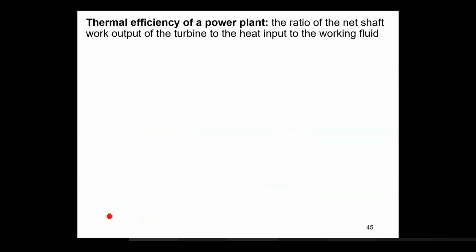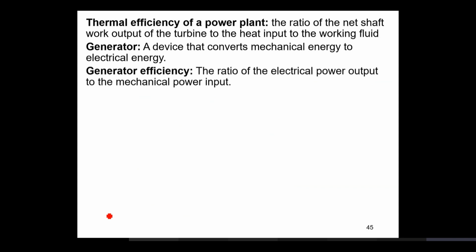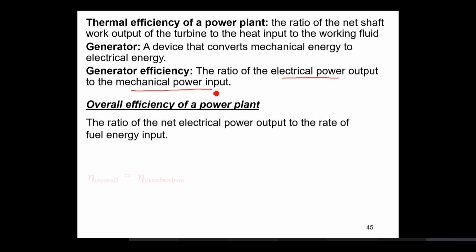Yes, sir. All right. So what is a generator? A generator is a device that converts mechanical energy into electrical energy, and the efficiency of a generator is basically the electrical power output divided by the mechanical power input. And the overall efficiency of the power plant is basically the product of combustion efficiency, thermal efficiency, and the generator efficiency.